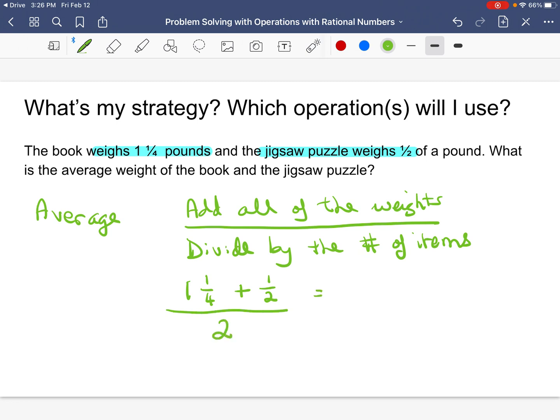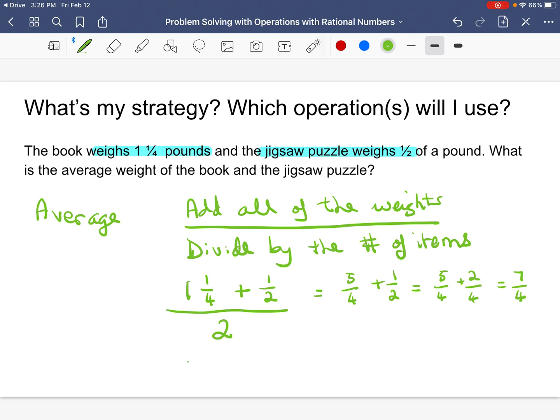And 1 1/4 is 5/4 plus 1/2, which is, I've got to make a common denominator, 5/4 plus 2/4, which is 7/4.